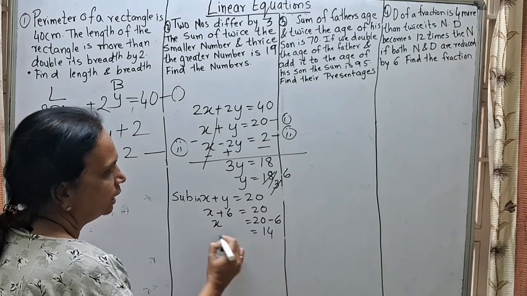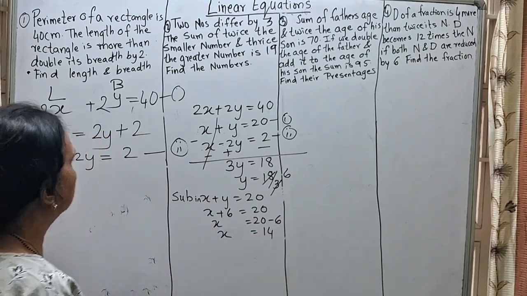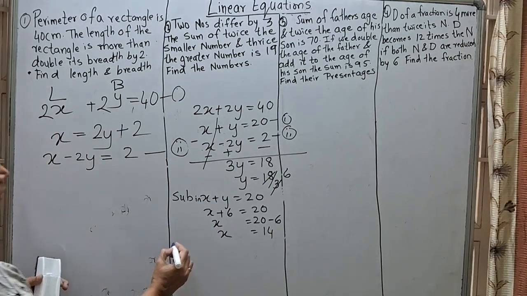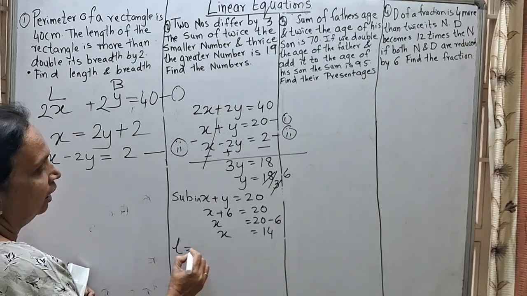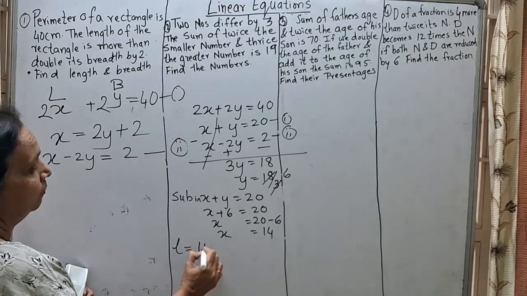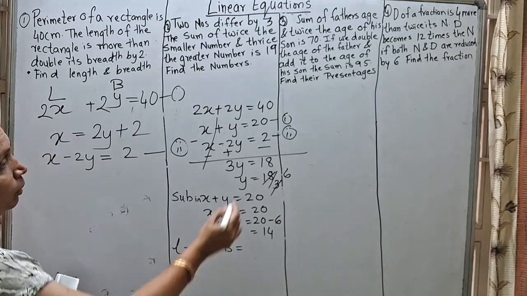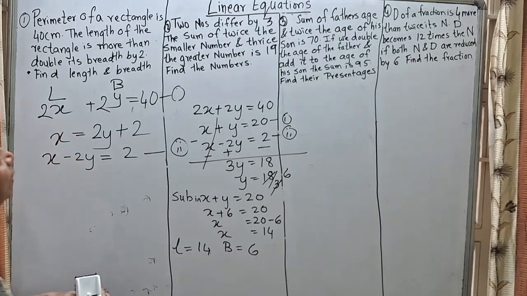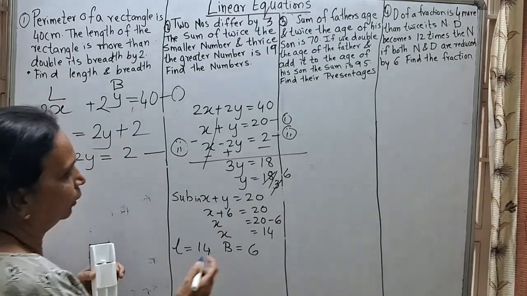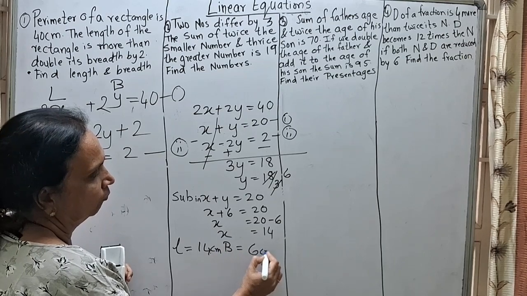So x is 14. Then you have to write the length of the rectangle is 14 and the breadth of the rectangle is 6. If they have mentioned centimeter or any unit, you have to write that.